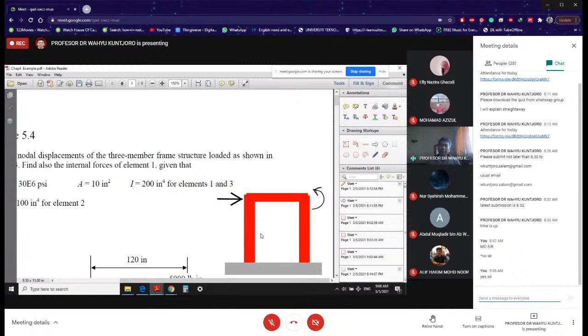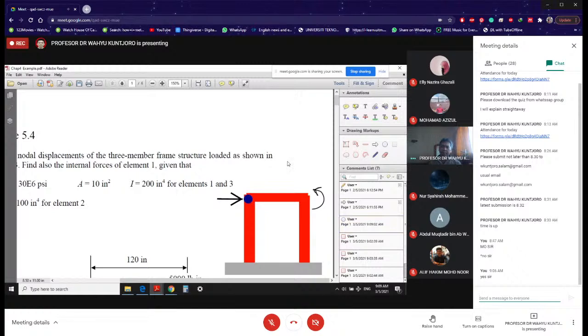Based on this, of course, you are going to build your finite element model. Number one, you need to specify the node positions. The node is going to be over here. I have to put one node over there, because you have the force.